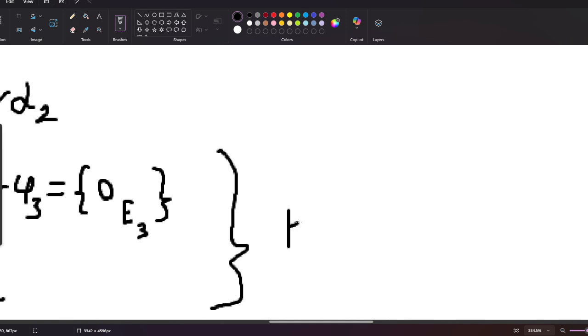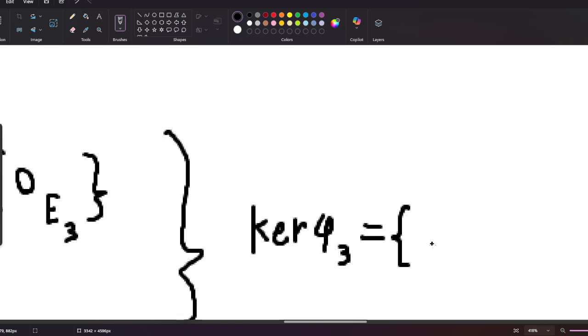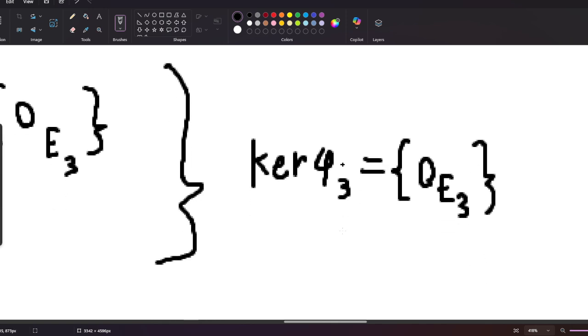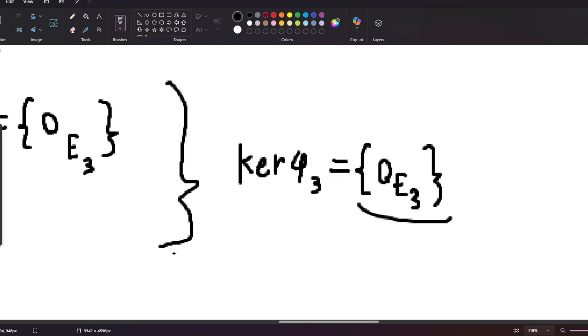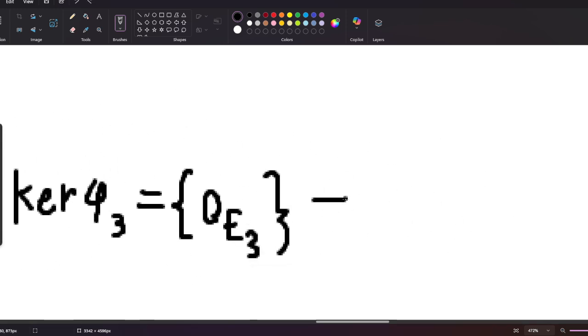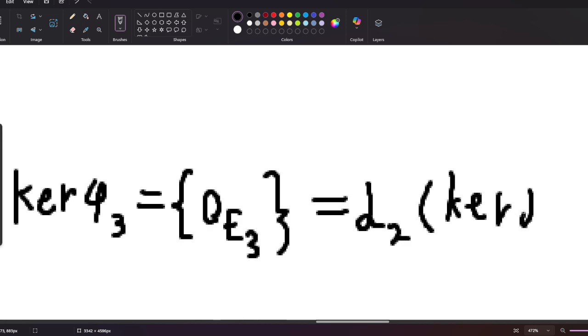So the kernel of phi 3 is equal to the 0 set, like this. Well, this can also be represented as alpha 2 of the kernel of alpha 2.